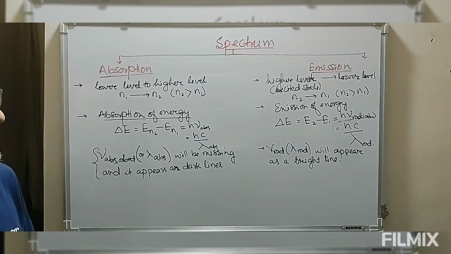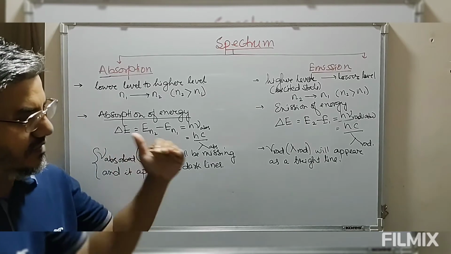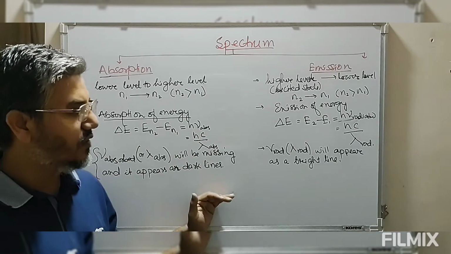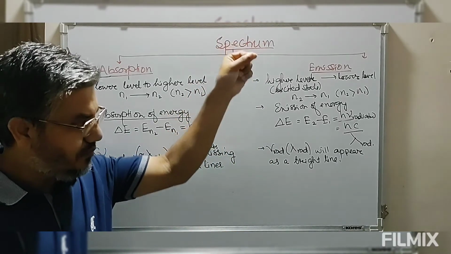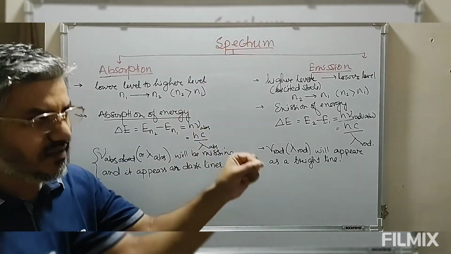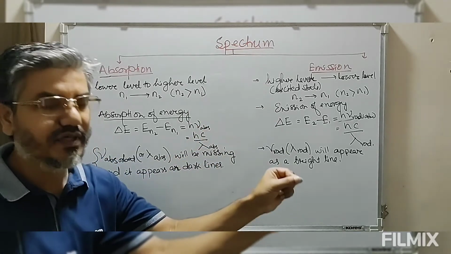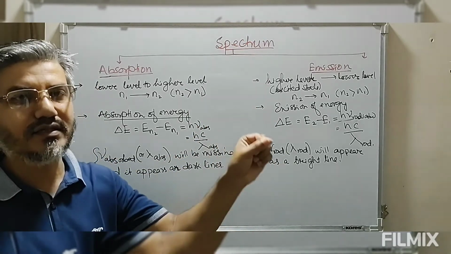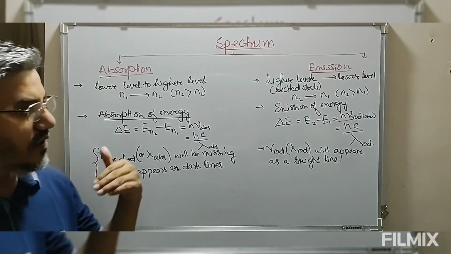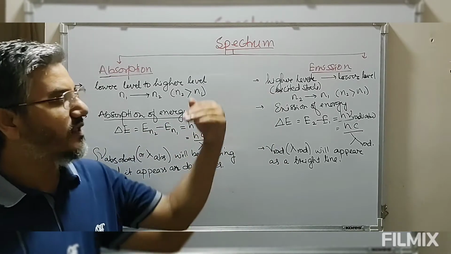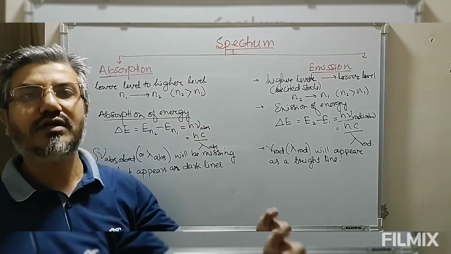So now look at this. In the second case, the frequency radiated or the wavelength radiated will appear as a bright line. So in the spectrum, a bright line will be observed. That bright line represents a particular frequency that has been radiated, or the wavelength that has been radiated, when the electron is coming from the excited level to the ground state.